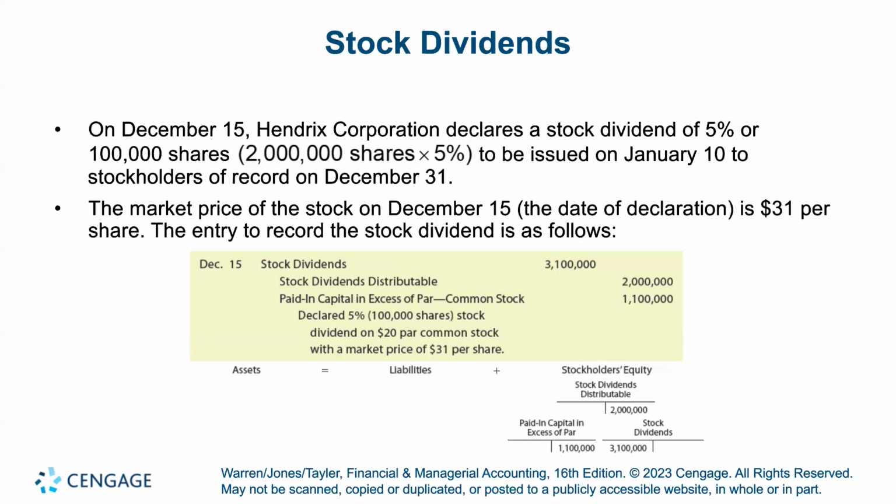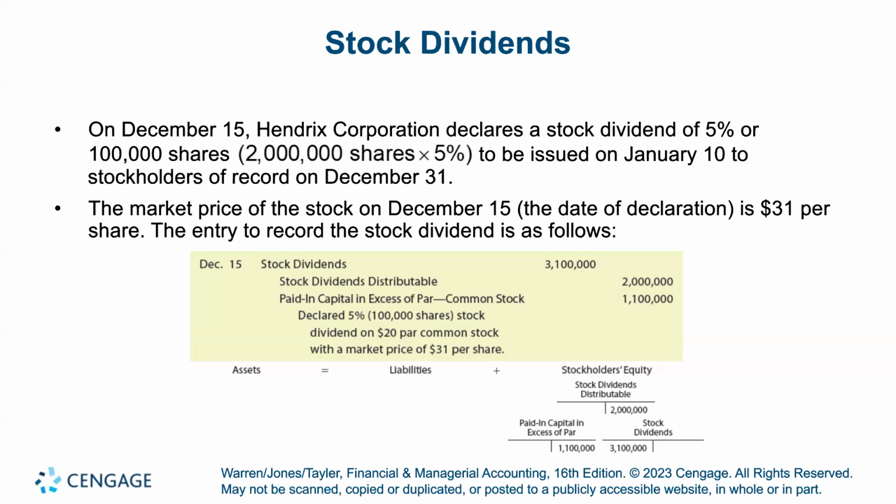So the way we're going to record that is we're going to say, all right, they're issuing 100,000 shares, $20 par stock, and we're going to use the market price of the stock for how much they're issuing it for. So $31 per share. Just like we did before, that's 100,000 shares times the par value.